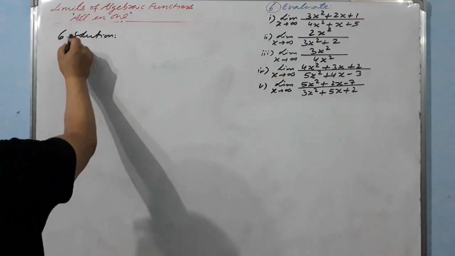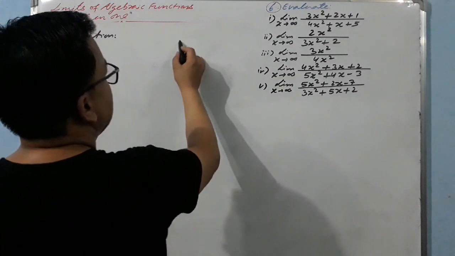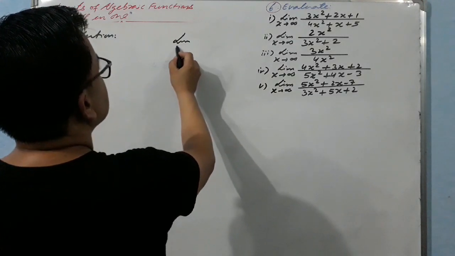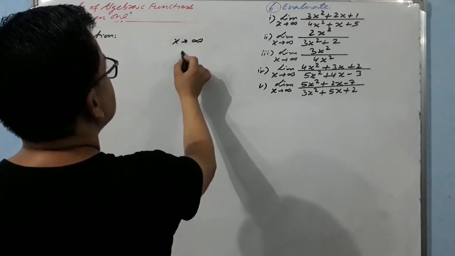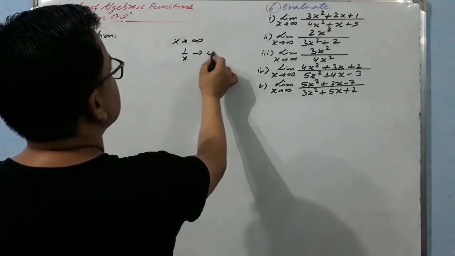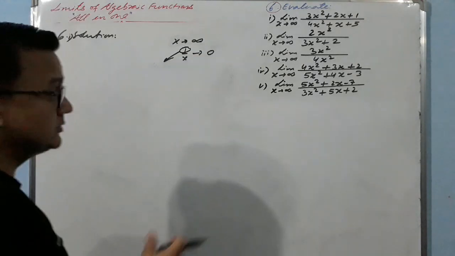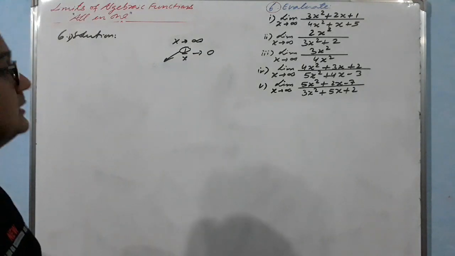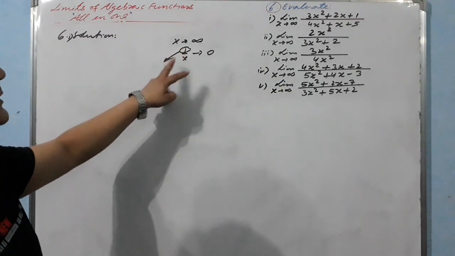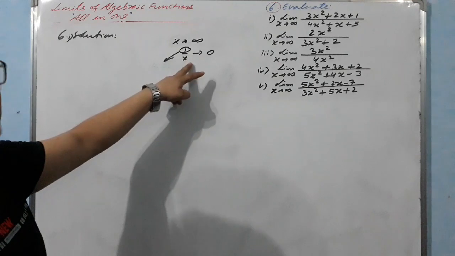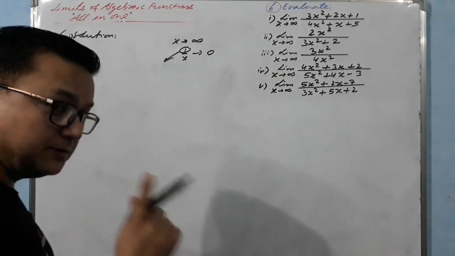For the solution, first let me tell you one thing. As x tends to infinity, 1 upon x tends to 0. It doesn't matter if x is any real number, it may be minus 2, minus 3, any real number. Then 1 upon x tends to 0, and 2 upon x also tends to 0 as x tends to infinity.